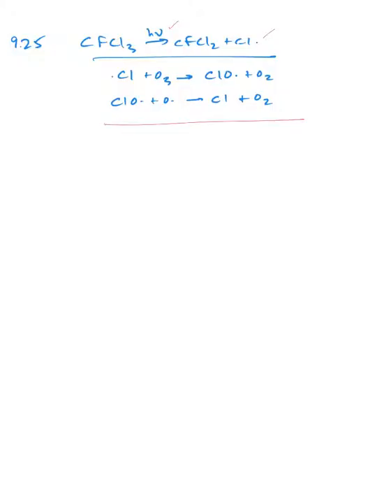So let me go to a more sensible color there. And all you do is add it up like an arithmetic problem. Everything on the left is going to get grouped together. I have this habit of throwing in dots just to tell me that I've got a radical present. It's not really essential.